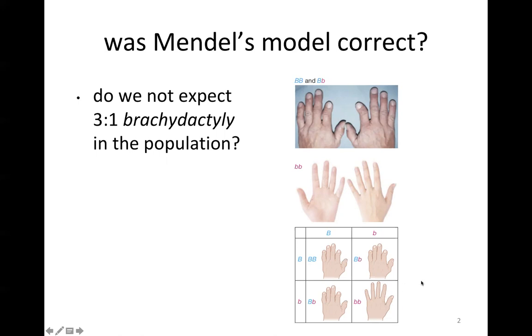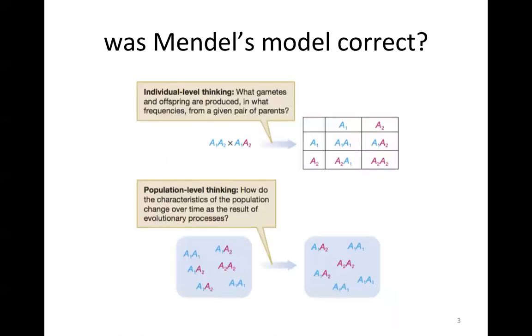So the question was, why don't we see this pattern more often in the population? Why doesn't the population show 3/4 of brachydactyly?